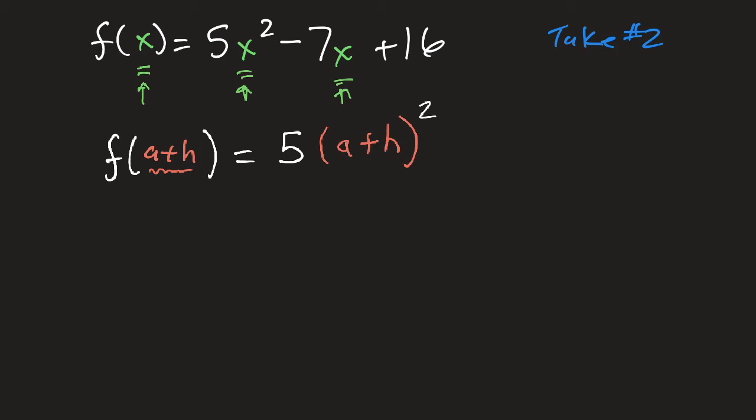So 5 times a plus h squared instead of the 5x squared, minus 7 times a plus h instead of the 7x. Excuse me, a plus h, sorry. There's no square on that one. And then the plus 16 does not have any green x with it, so it's just a plus 16. Okay? So I've replaced the green x's with the red a plus h's. That's this guy and this guy.